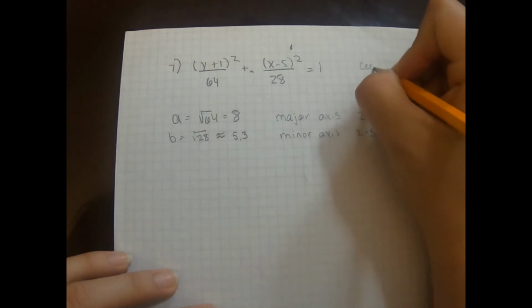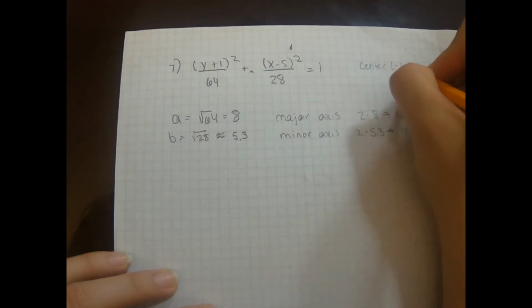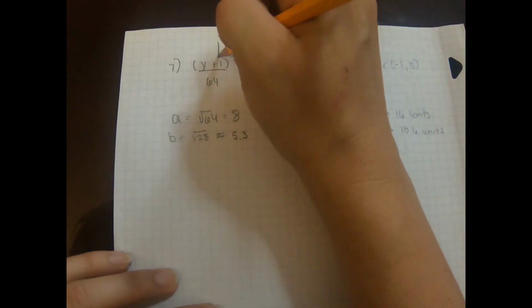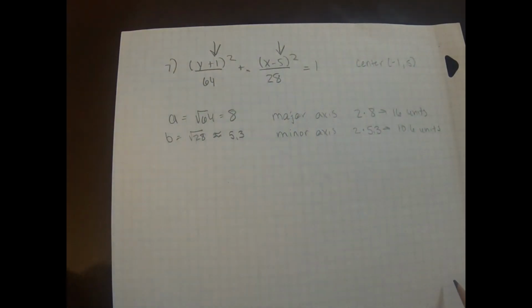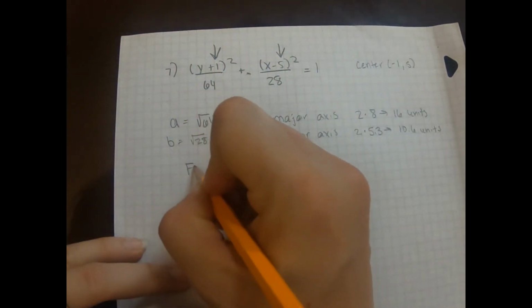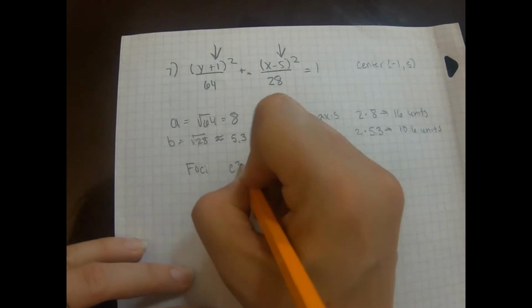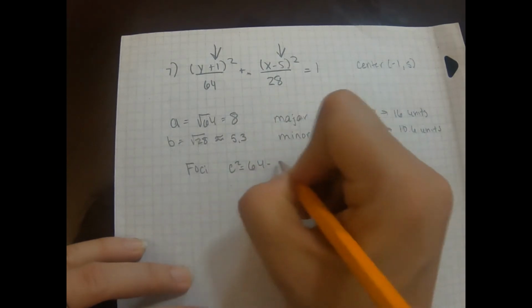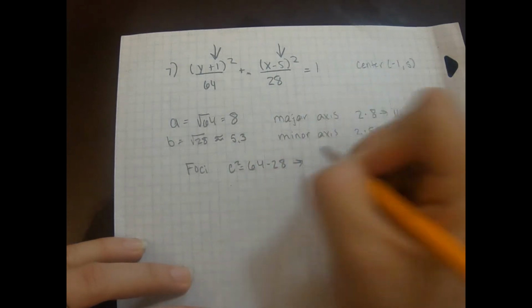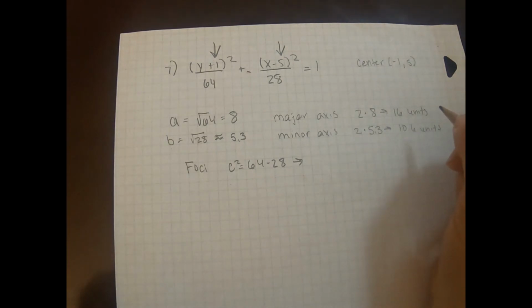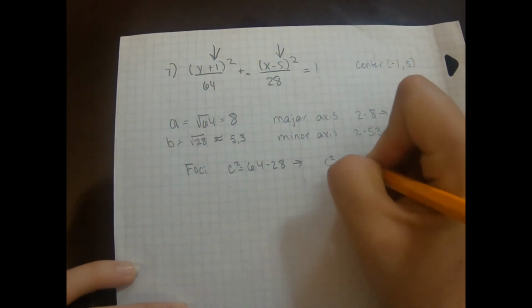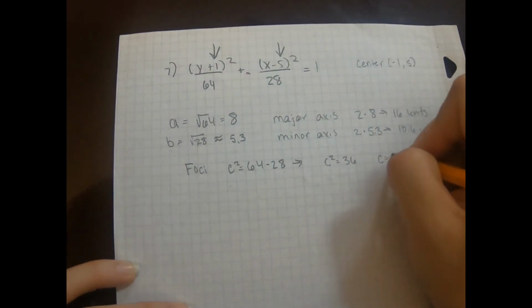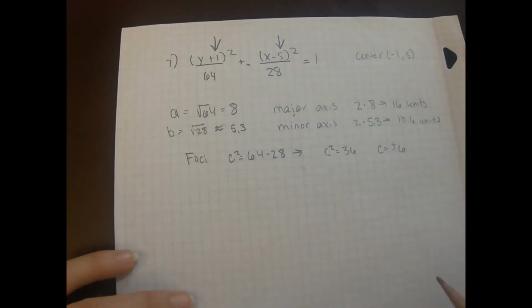I see that the center is -1, 5, coming from the values here. And the foci is going to be 64 minus 28. Of course, it's 36. So c is plus or minus 6.